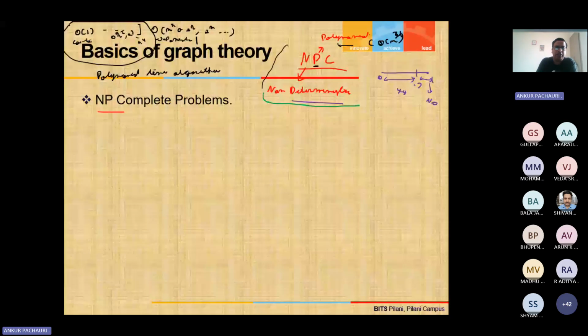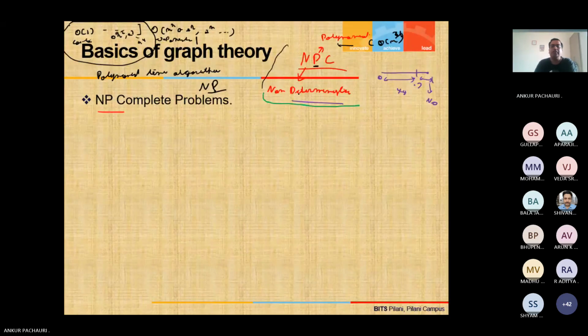Now NP, non-deterministic polynomial. If the time complexity of a problem is said to be NP, non-deterministic polynomial, what does it mean? That if I want to solve the problem deterministically, then it requires exponential time. But if I want to solve it in polynomial time, I'll have to solve it in a non-deterministic way.